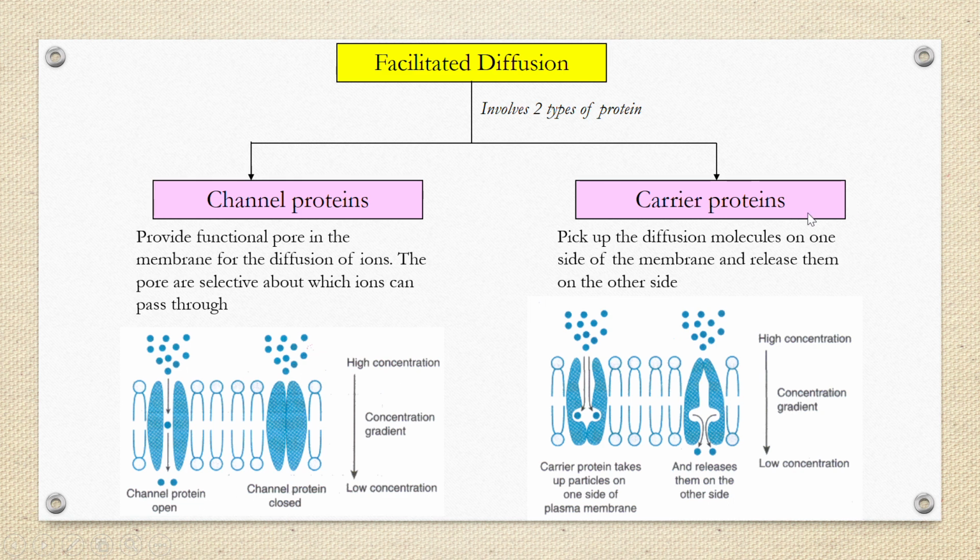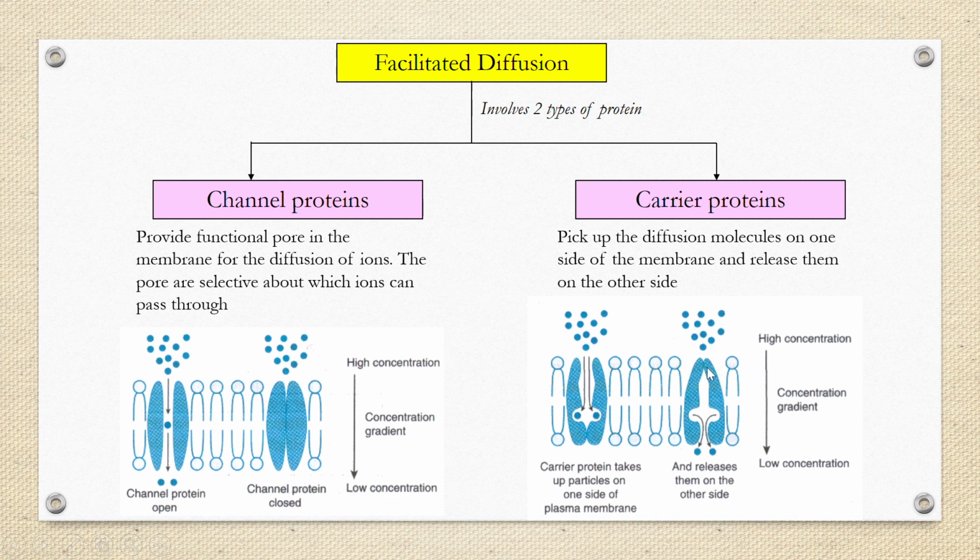Okay, now what about the carrier protein? They pick up the diffusing molecules on one side of the membrane. When we draw carrier proteins, there is usually a structure to show that they are picking up certain molecules on one side. When it opens, the carrier protein takes up particles on one side of the plasma membrane, then it closes.